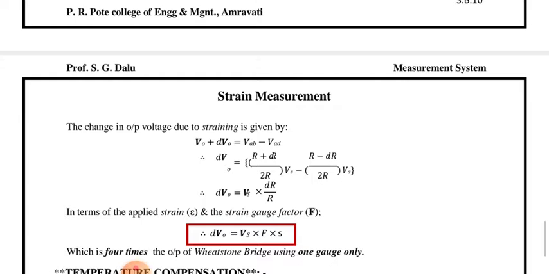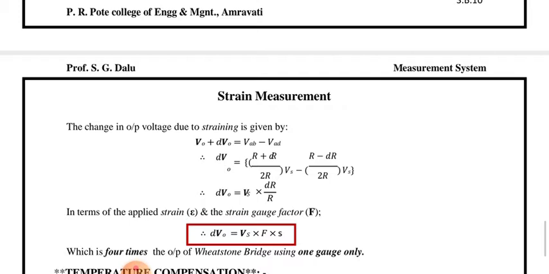So the numerator will be R plus dR minus R plus dR, meaning minus R and plus R will get cancelled out, and we get 2dR upon 2R. So 2 will get cancelled. The final relation we obtain is dVO equals Vs into dR by R.